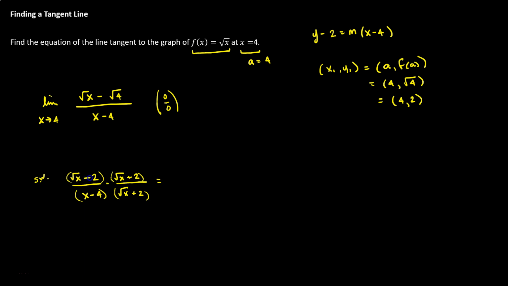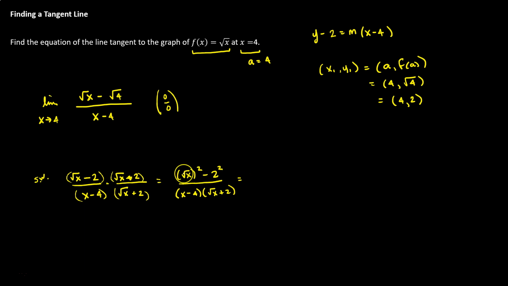I have root x minus 2 and root x plus 2, so that would look like root x squared minus 2 squared. And in the denominator, I'll leave that factored because I'm really hoping that the problem is going to divide off once we simplify our numerator.